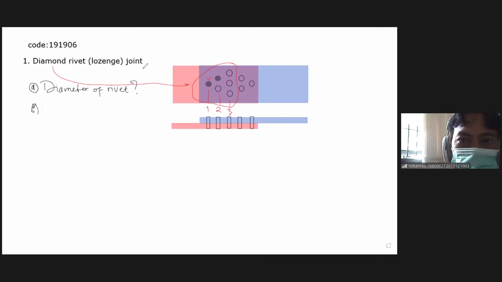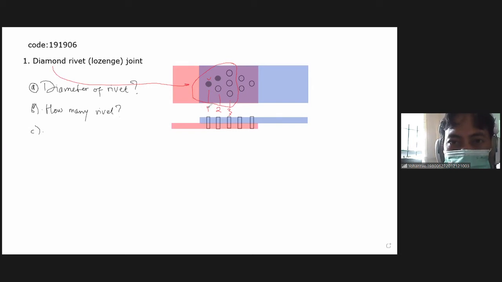Then next, the next question is how many rivets must be used? And how many rivets for each row in sequence?